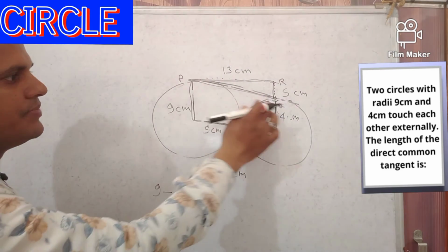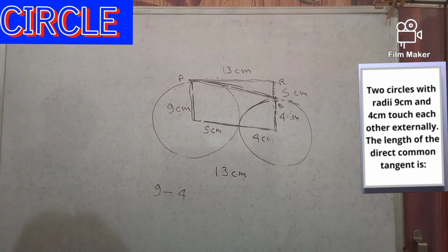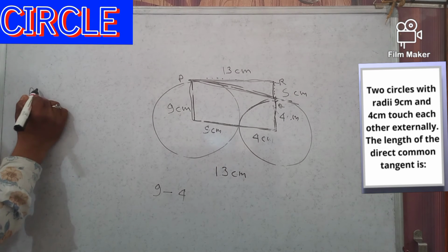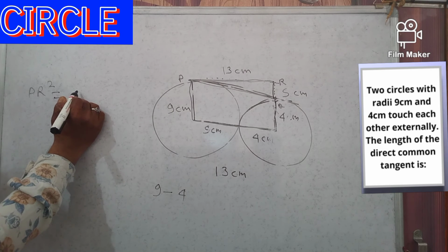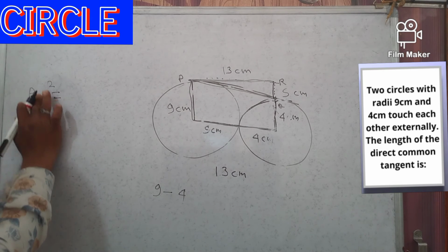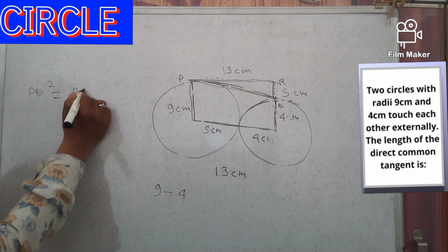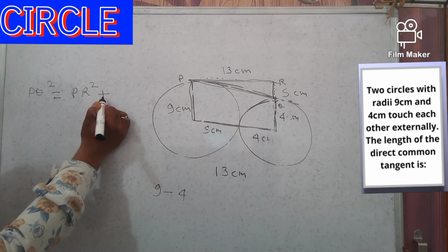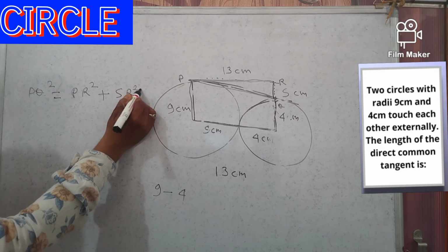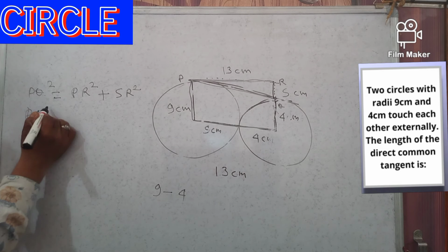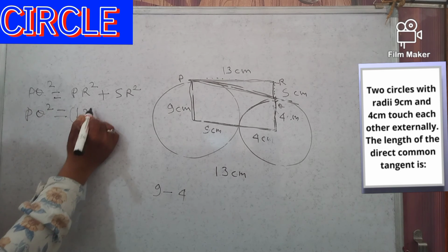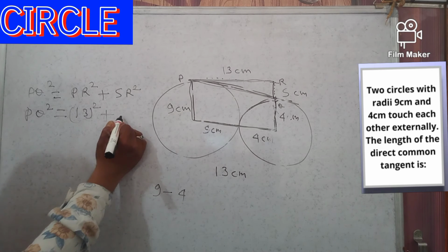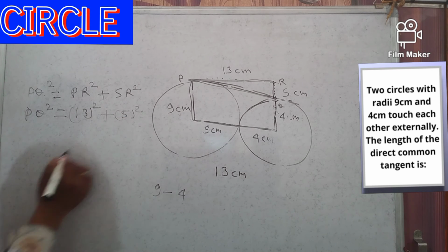We need the PQ length. By the Pythagoras system, PQ square is equal to PR square minus QR square. PQ square is equal to 13 square minus 5 square.